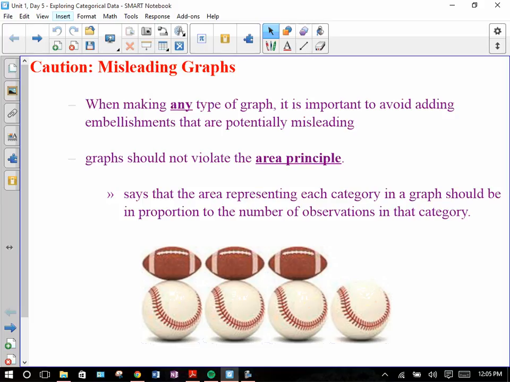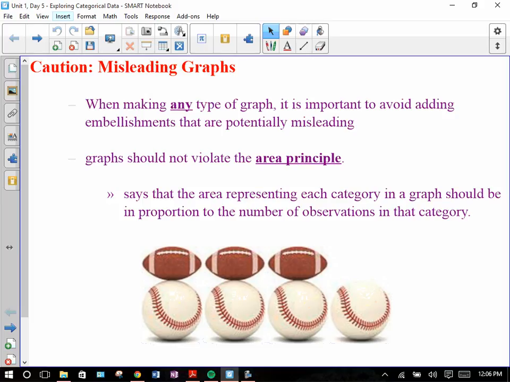the area that's representing a certain occurrence shouldn't be a lot more than another. Like right here, those 4 baseballs take up a lot more space than the 3 footballs. All right? And even looking at just 3 baseballs, the 3 baseballs take up a lot more space than the 3 footballs.